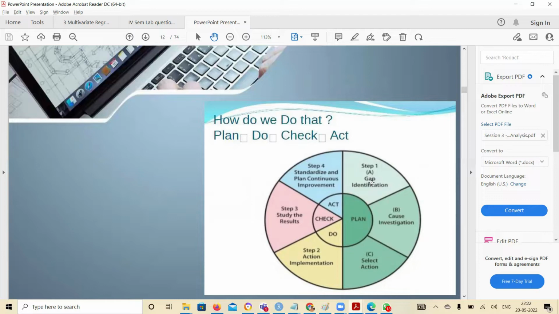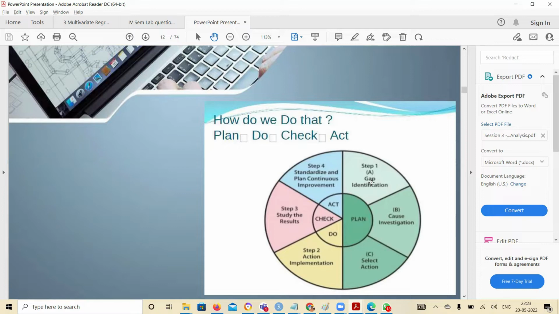So the planning is about gap identification, and then you start looking at the problems, things which you want to improve or you don't want to happen, or you want to happen but you don't know how to make it happen. Then you start looking at the root cause, why it's happening, what is causing it to happen.